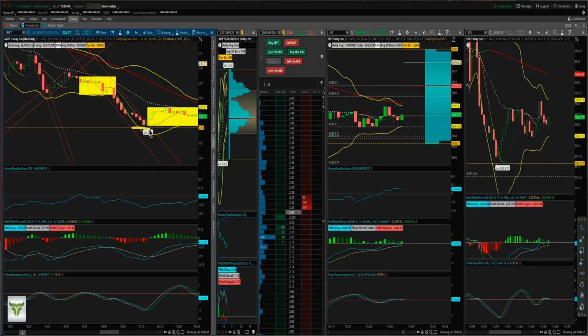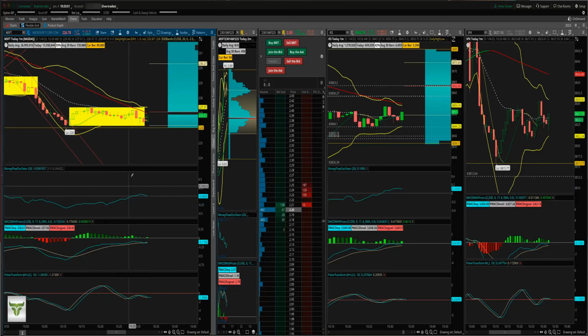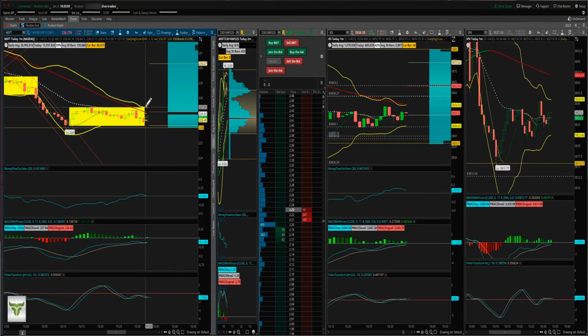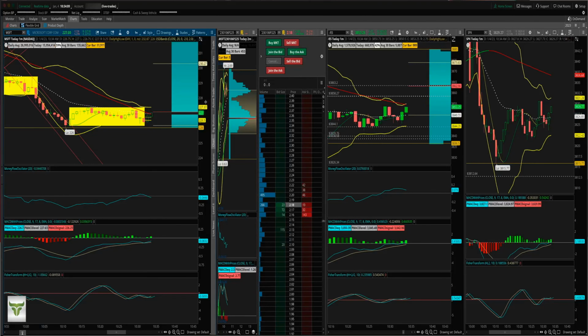A horizontal support right there. We stay in the trade, right? Right now you see back and forth choppy action, right? That's what the algorithms are doing. Trading back and forth. There's your range, 227 to 226, right?